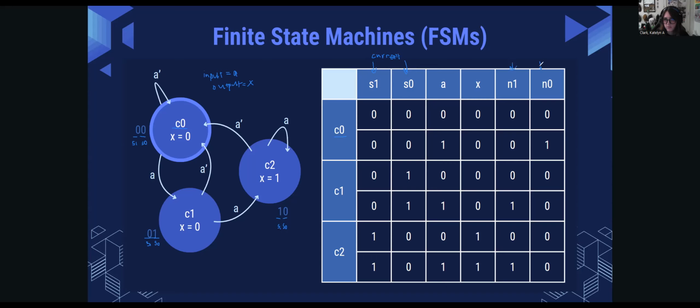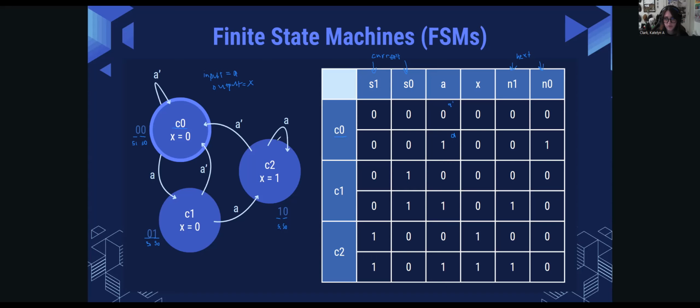Those 2 numbers correspond with my S1 and S0 of my current state. So this whole box is going to be 0, 0, because that's what C0 is. Now, we're going to test each type of input. So this, a 0 would be A naught. This would be A. Same thing all the way down.